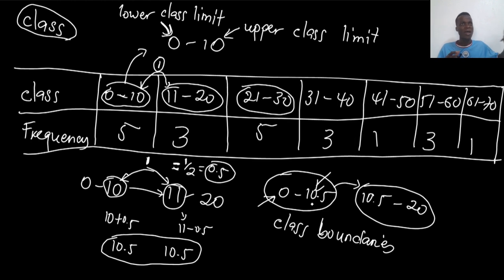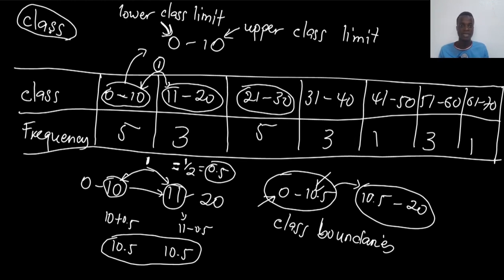With class limits, there is a difference. But when you're talking about boundaries, you need to make sure that you put them together. So find the difference, divide that difference by 2, add what you got to the previous class, and subtract it from the next, continuous class.